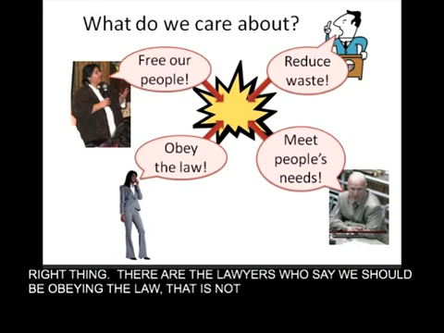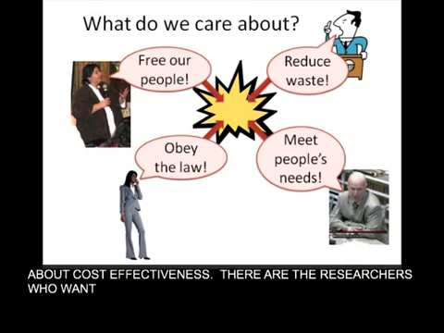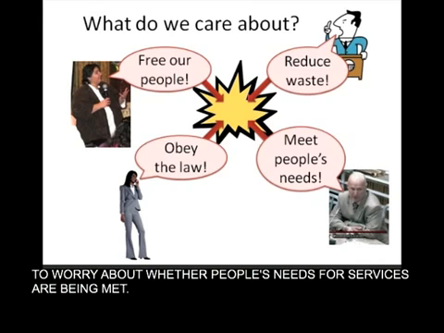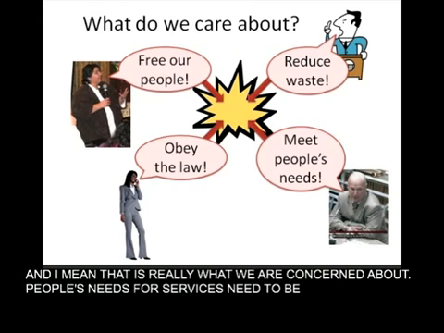As I mentioned, there are the lawyers who say we should be obeying the law. That's not about cost effectiveness. There's the researchers who worry about whether people's needs for services are being met. And that's really what we're concerned about.